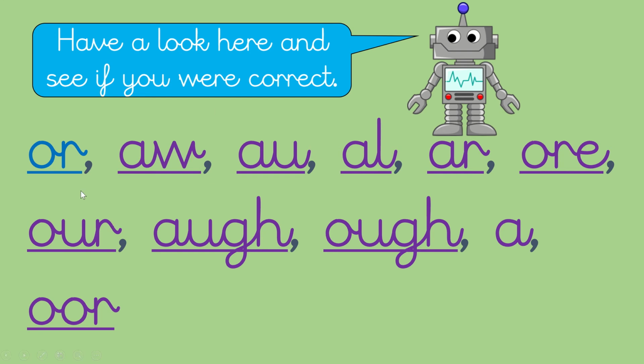They are O and an R, AW, AU, all of these say or, AL like in walk, AR like in warm, ORE like in more, give me some more, OUR like in pour, as in you're pouring a drink, AUGH as in daughter, OUGH as in thought, A as in tall, and OOR as in poor when you say somebody has not got a lot of money.